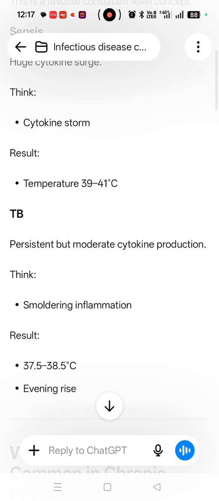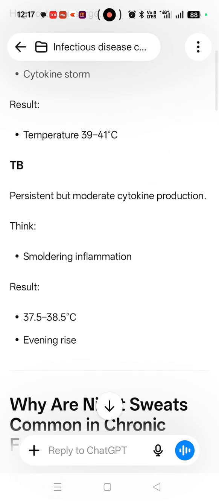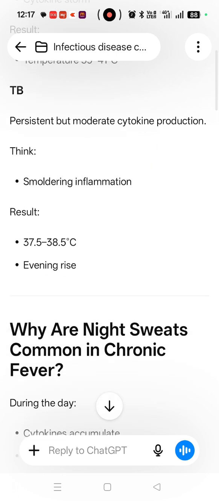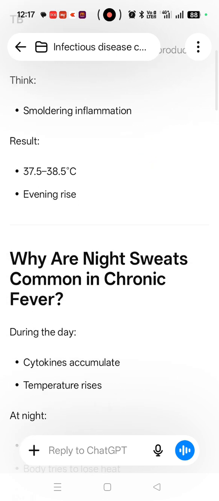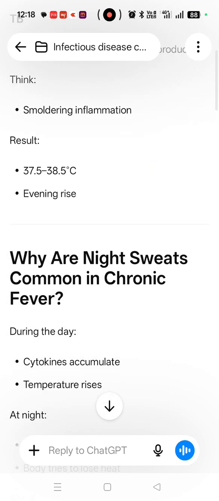Whereas in TB, persistent but moderate cytokine production is there, and then you should think of smoldering inflammation. Evening rise of temperature is there, and that too is of 37.5 to 38.5 degrees centigrade, means low, not that much of high grade temperature, low grade fever you can say.